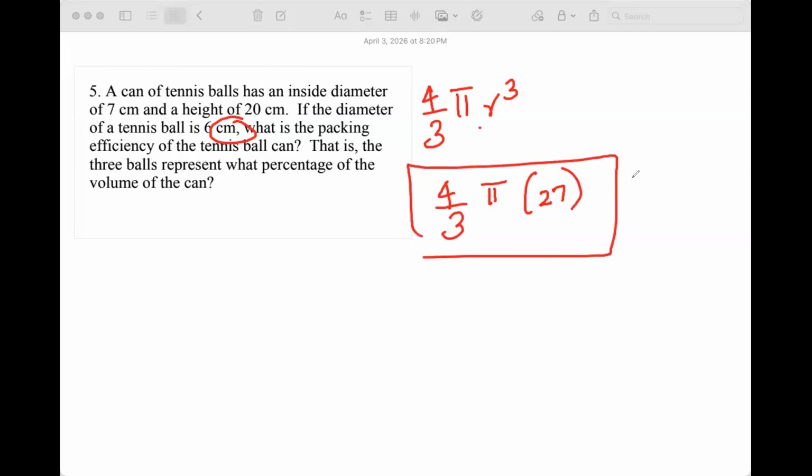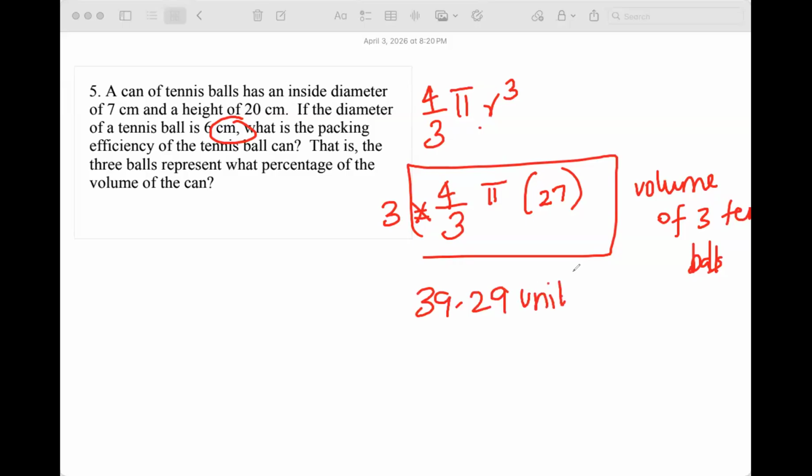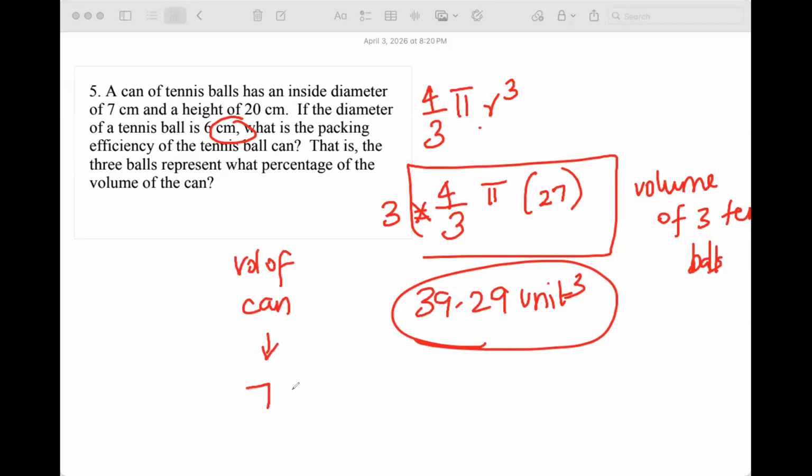I multiplied that whole thing by 3, and then I got 339.29. And then I found the volume of the can, 769.69.